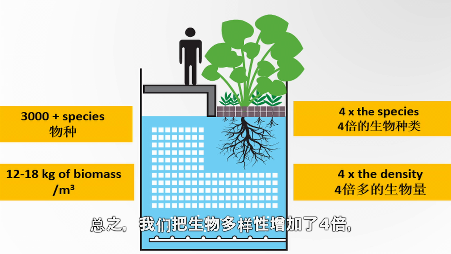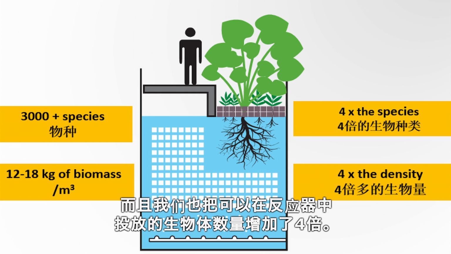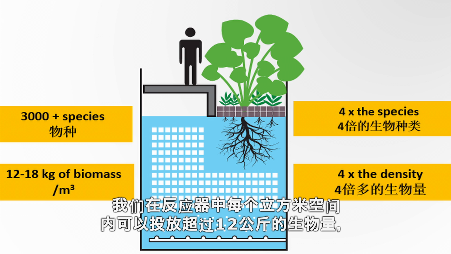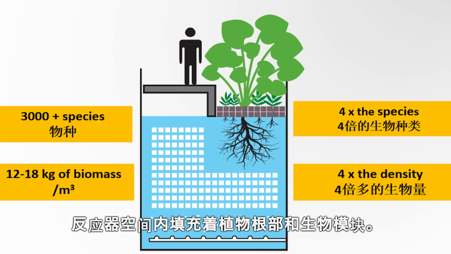So in summary, let's keep in mind that we have increased the biodiversity by fourfold. And we have increased the number of organisms that we can keep there, the volume, also fourfold. We can have more than 12 kilograms of biomass in each cubic meter of reactor space occupied by either the roots and the biomodules.